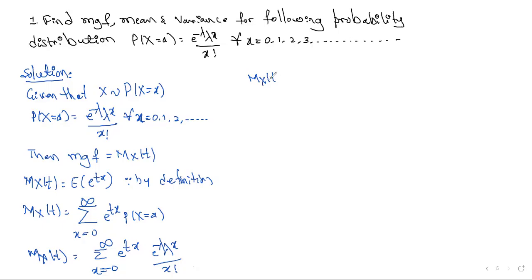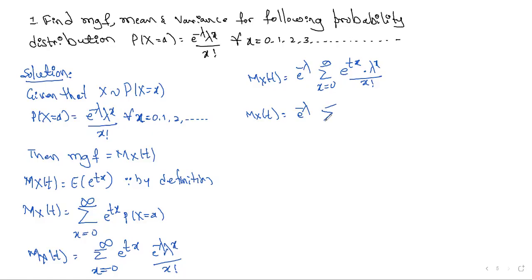Then Mx of t equals, I will take this e power minus lambda outside because it is outside the summation. Then the summation, x running from 0 to infinity, of e power tx into lambda power x divided by x factorial.